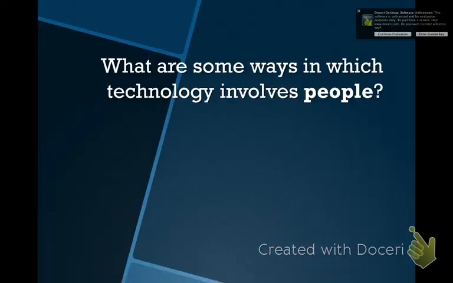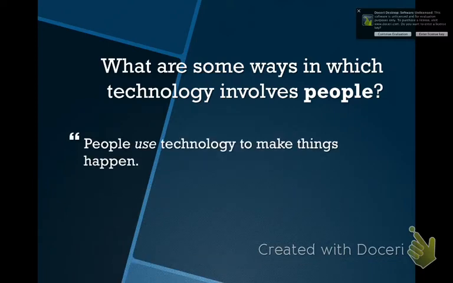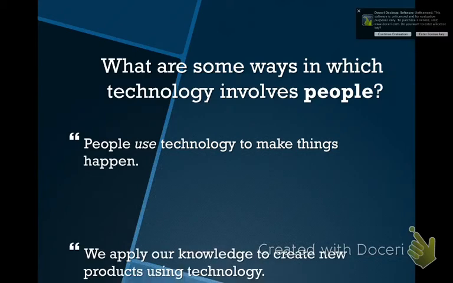Okay, there's people involved, and we're going to talk about you guys as students and me as teacher, and there's other people out in the world, but there's several things that we do. We use technology and we make things happen. We take the technology, for example, the car. We make things happen by getting here. We get to school, we go home, but we use the technology to actually get the job done.